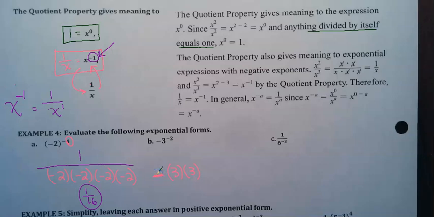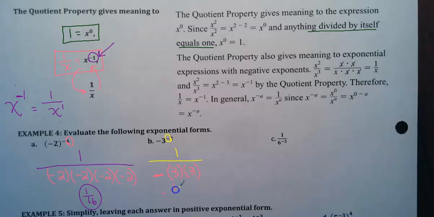All right. And what does that negative in the exponent tell you? That it's in the denominator. So we're going to put it in the denominator. Good. So what does this equal? Not negative 9. Negative. With the exponent, it would be 1 over negative 9.